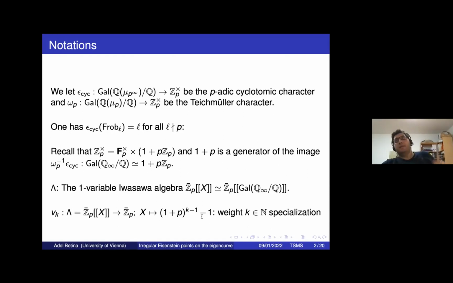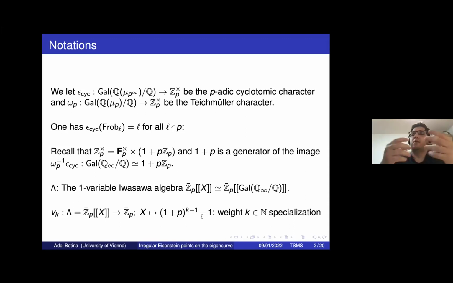And the idea is, I forgot to say it before, that if you take an eigenform, the Fourier coefficients are rational, and often they are even integral. And we want to deform them p-adically, I mean, with respect to the p-adic topology.